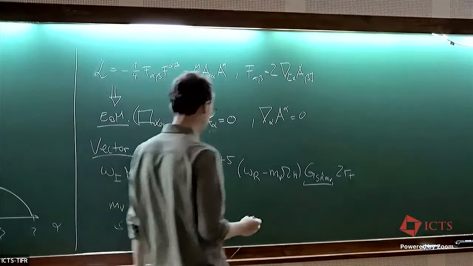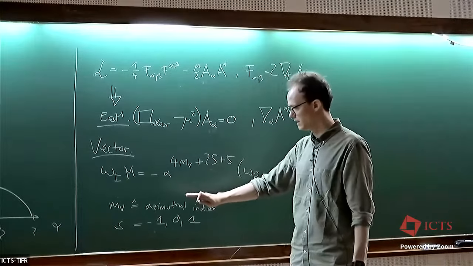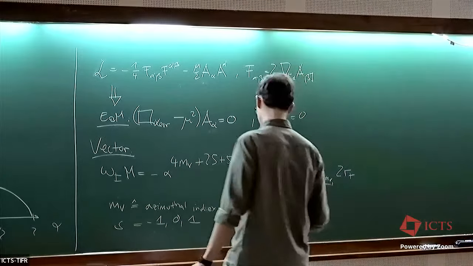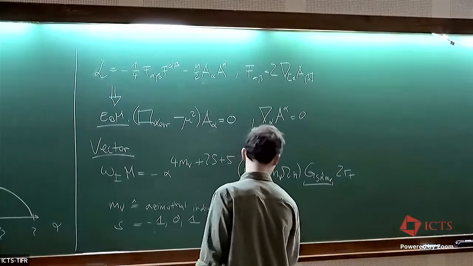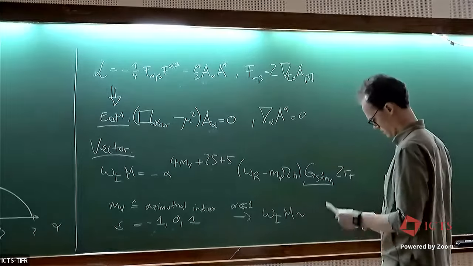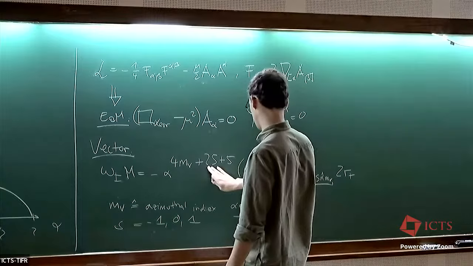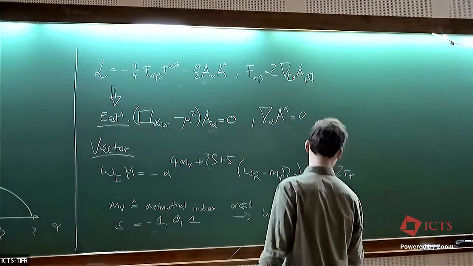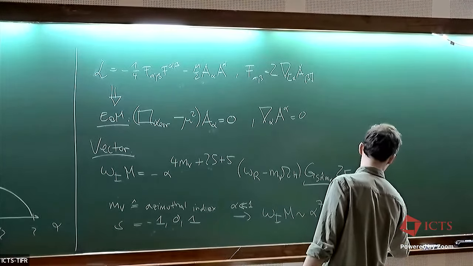But crucially, you can tell already from this that the leading scaling in alpha, if I again expand this for small alpha, so again assume alpha much smaller than 1, then you can see that this will be alpha to the 7 for MV equals 1 and S equal to -1.